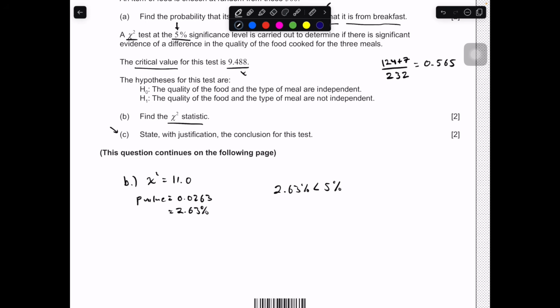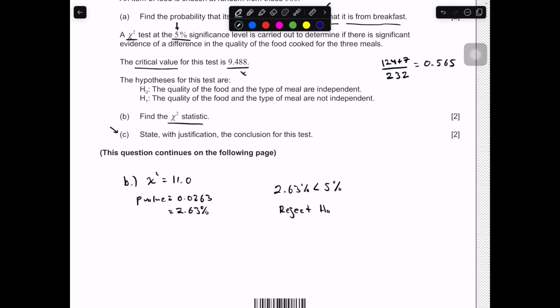In this case, we would reject the null hypothesis. You can think of this p-value right here, 2.63, as the probability that our null hypothesis is true. And there's only a 2.63%. That's very small, and it's less than our cutoff point. So 2.63%, we would reject the null hypothesis.